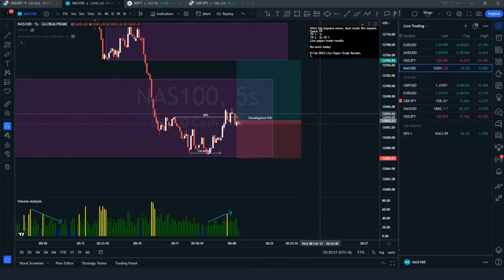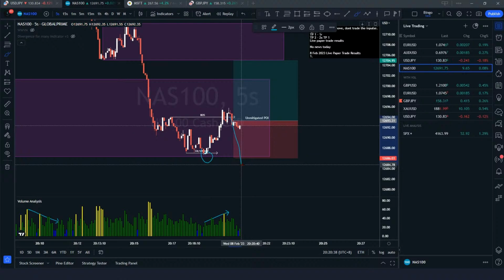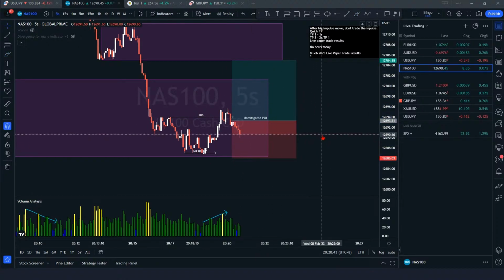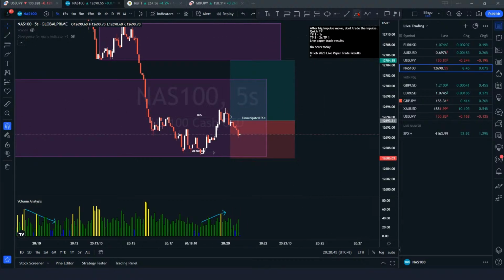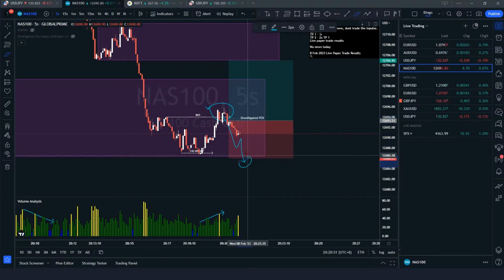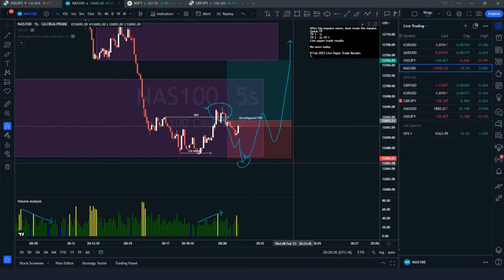Let's see how it goes. I could be early, because if this is just a secondary test, then we could still have a spring before going up. So this could probably be a fake out. So we get a spring over here and a test above. Right, let's see.